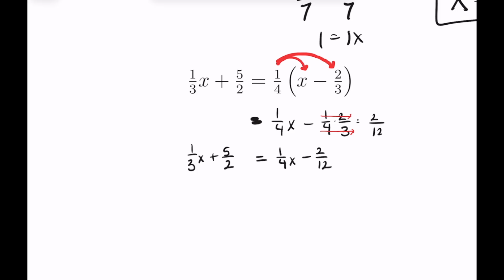So if we can find a number that all of these denominators, 3, 2, 4, and 12, will divide into. Can you think of any number that they all will fit into? Well, I know that they all fit into 12. 12 would be the least common multiple of all of those.